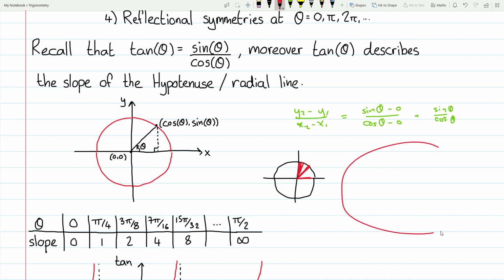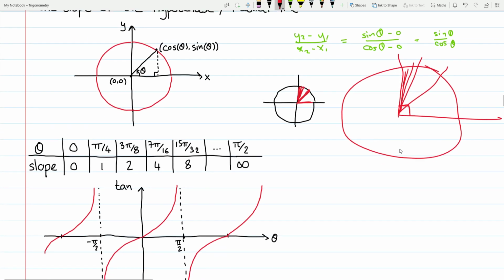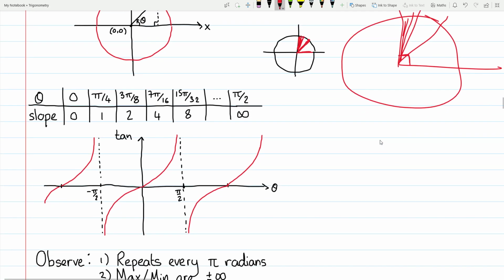And you can keep tracing in. If you make the circle bigger, you can notice how I'm doing this, and then bisect, and then bisect, and the slope is getting exponentially larger until you get to a right angle, in which case, what's the slope of this vertical line? Well, the slope of this vertical line is infinity. And this is portrayed by the tangent function.